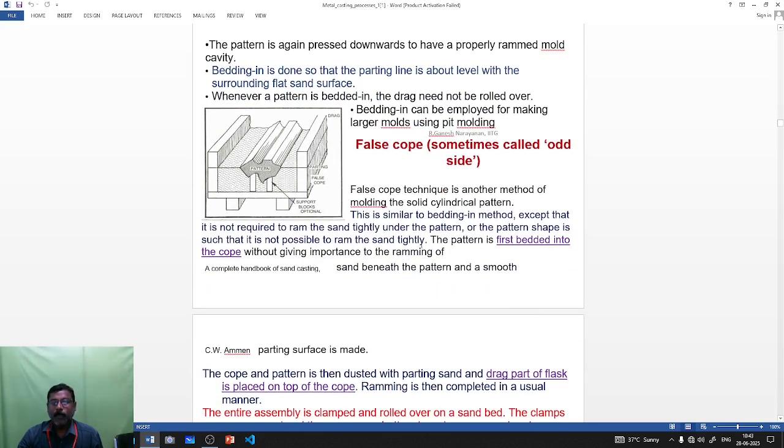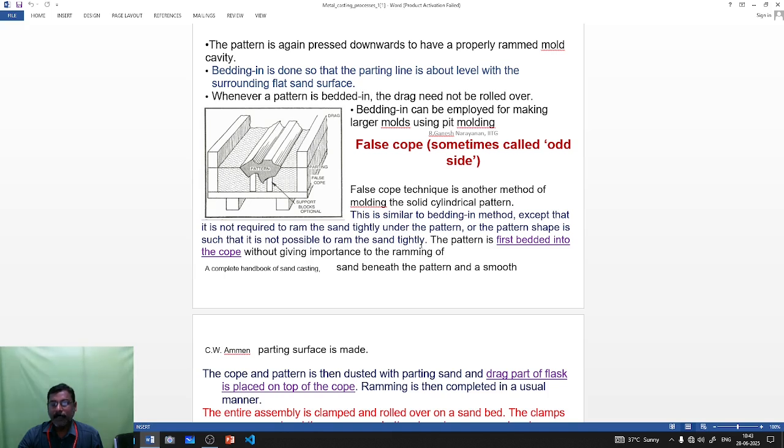And the follow board, sometimes called odd side. The follow board technique is another method of molding solid cylindrical patterns. This is similar to the bedding-in method, except that it is not required to ram the sand tightly under the pattern, or the pattern shape is such that it is not possible to ram sand tightly.